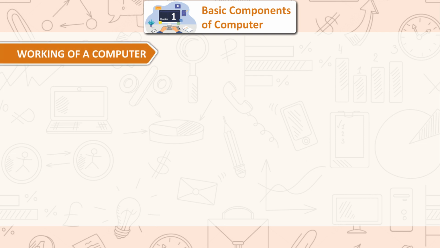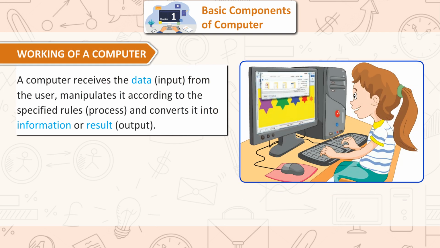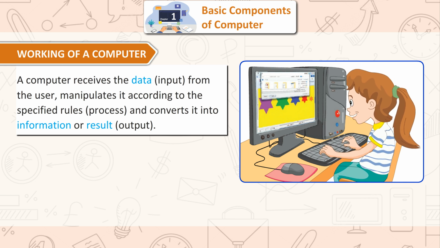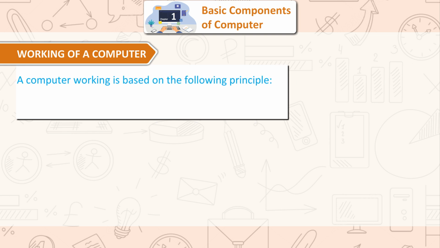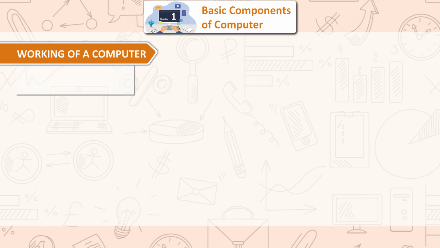Working of a computer. A computer receives the data input from the user, manipulates it according to the specified rules, process, and converts it into information or result, output. A computer's working is based on the following principle: input, process, output.